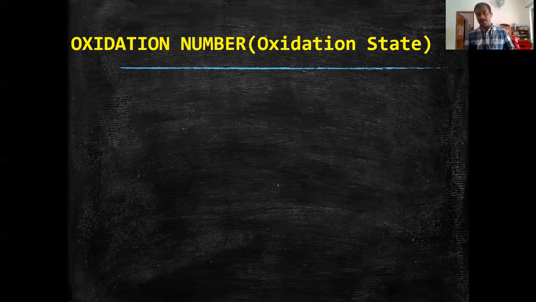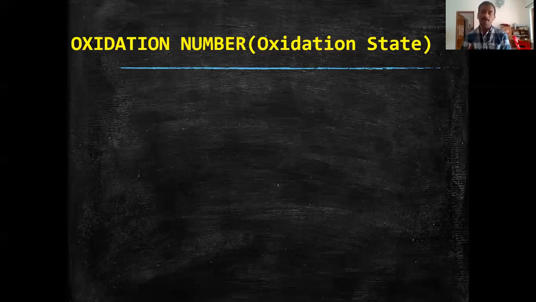In H2O, 2 hydrogen atoms and 1 oxygen atom are present. Suppose we remove the two hydrogen atoms as H+ ions. Then what is the charge remaining on oxygen? That will be 2 negative. So the oxidation number of oxygen is minus 2.